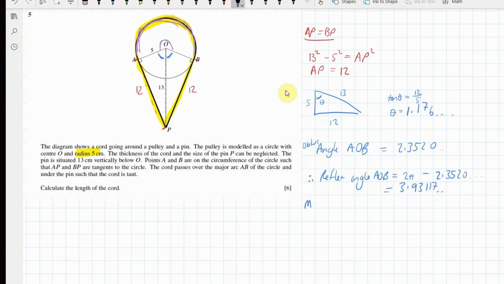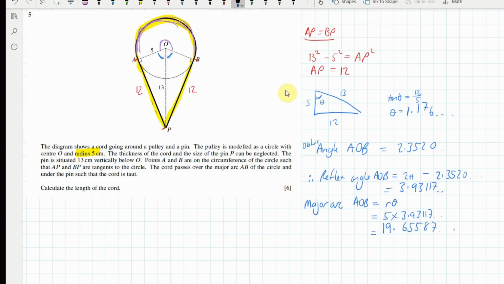Okay. At this point, I can say major arc AOB equals r theta equals 5 times 3.93117, etc., etc., equals 19.6557, blah, blah, blah.